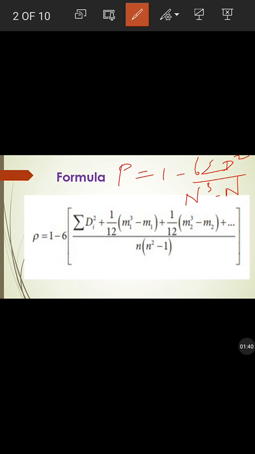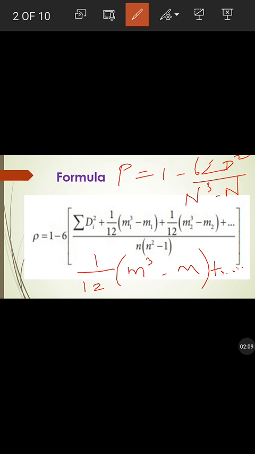This is the extended formula we are going to use: 1 by 12 into m cube minus m. We have to extend this 1 by 12 m cube minus m according to the repeated marks. That is why I have given you plus dot dot dot. This dot dot dot means this 1 by 12 might continue according to the tied marks.